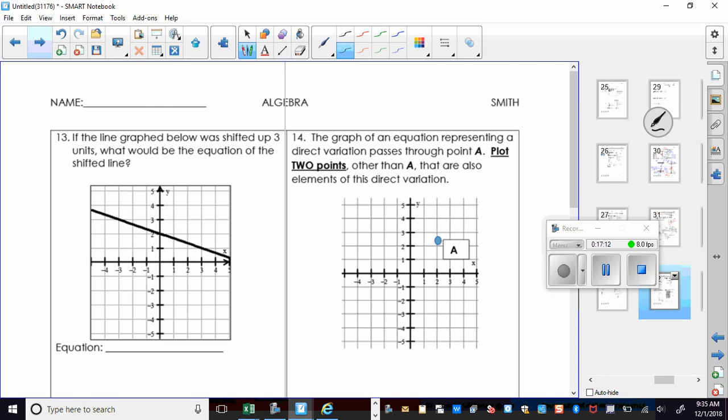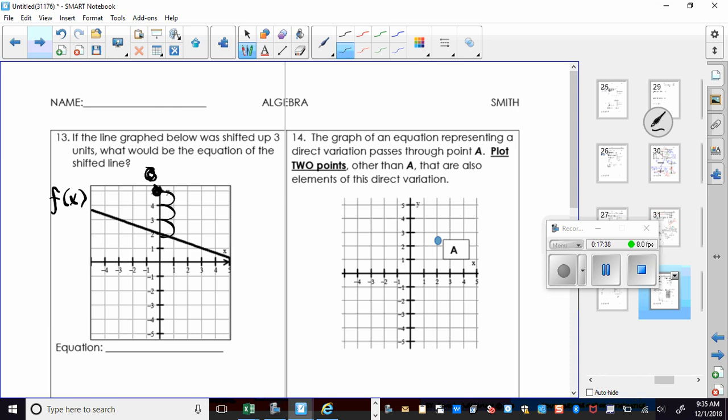Moving on. 13. If the line graph below was shifted up 3 units, what would be the equation of the new line? So this line, I'm going to call it f of x. If I shift it up 3 units, it's going to be 1, 2, 3, right here. I moved up 3 units.